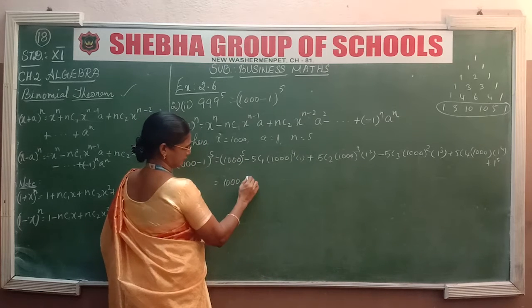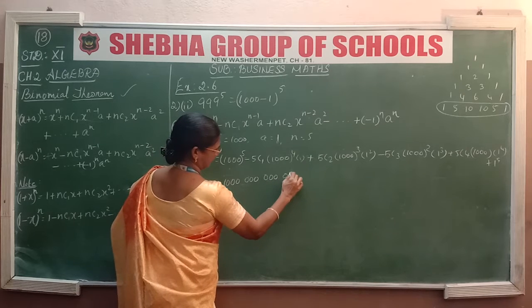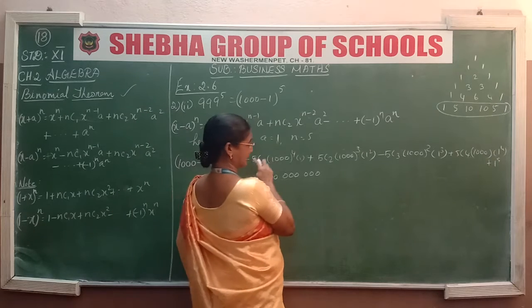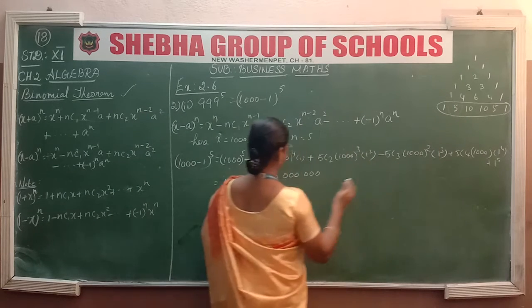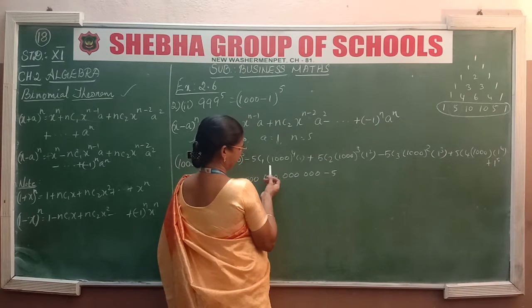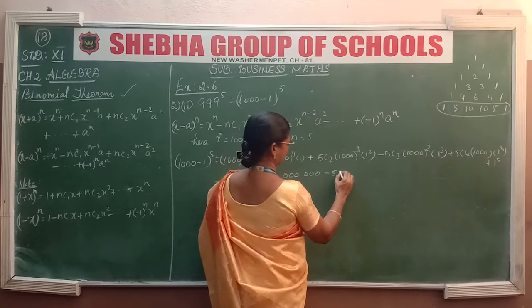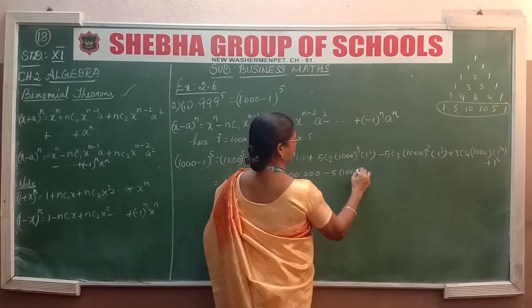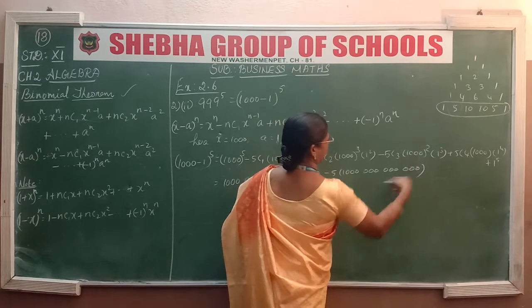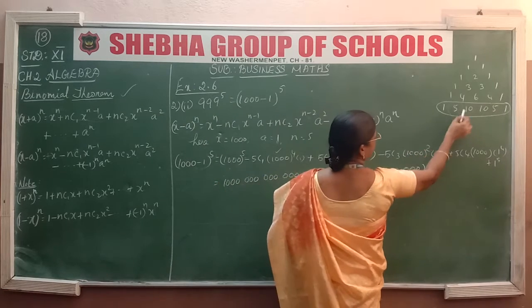5 threes are 15, 15 zeros will come: 3, 6, 9, 12, 15. Next coefficient is what? 5C1 is 5. So minus 5 into 1000 power 4, that is 4 threes are 12, 12 zeros will come. Next 5C2 is 10.